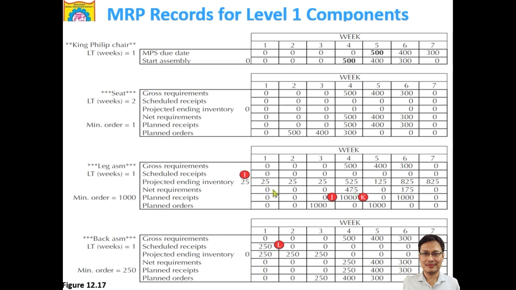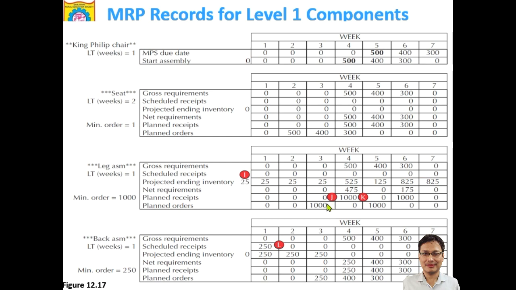So ideally we should be giving an order of 475. That is, the planned order should be 475 units, and it should be placed on week number 3. Why week number 3?